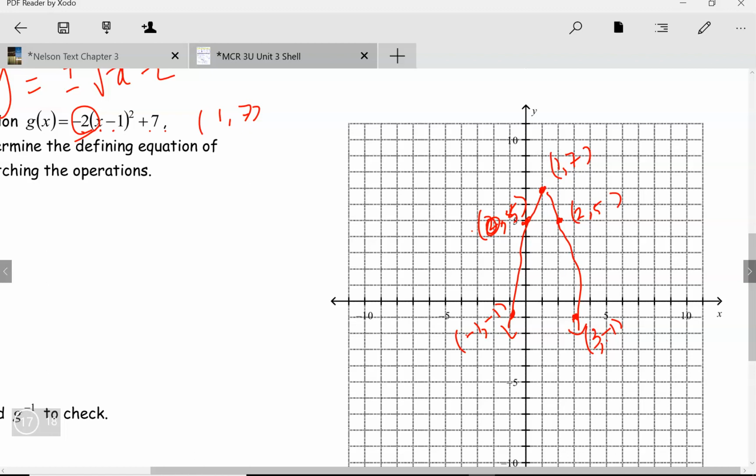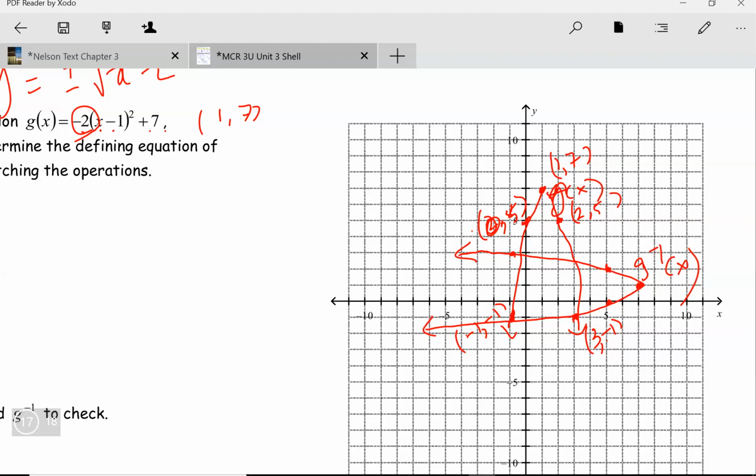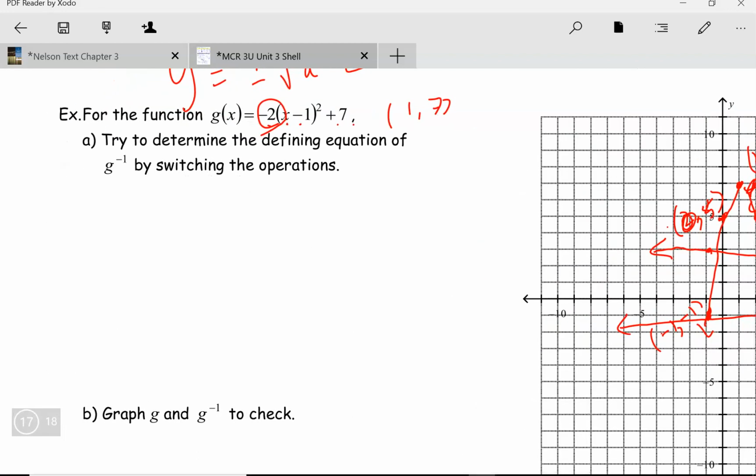So I have x of 7, y of 1; x of 5, y of 2 and 0; and then here and here will be my points. This is my g of x. This is my g inverse of x, right there. I should have used different colors. Too late. Hopefully you understand that.